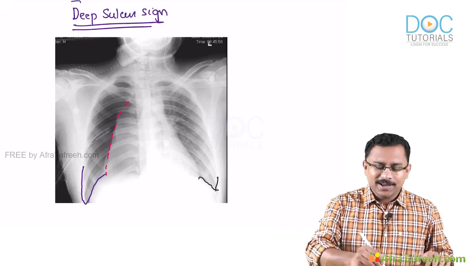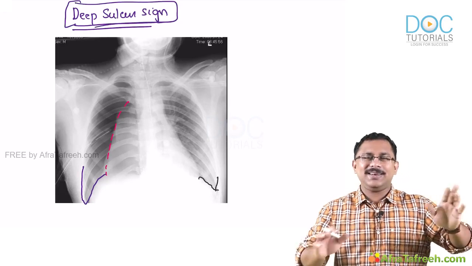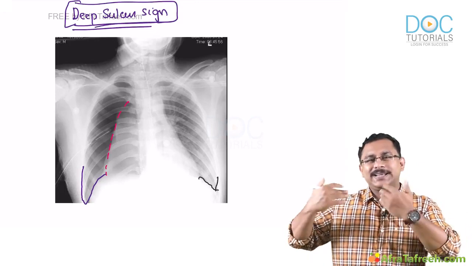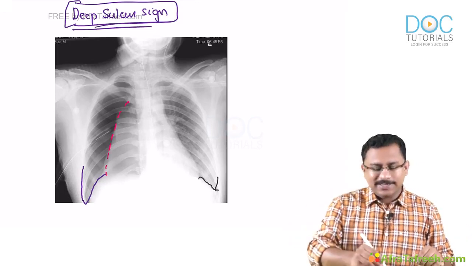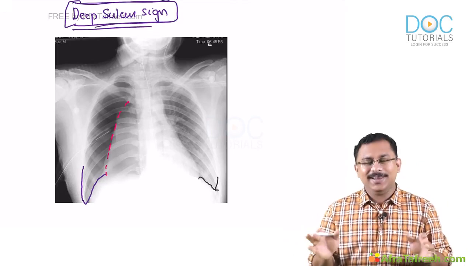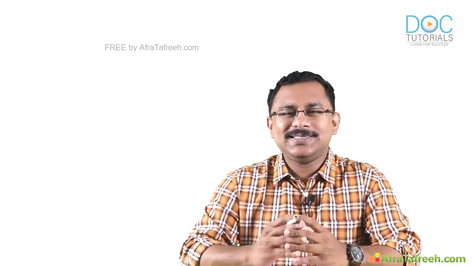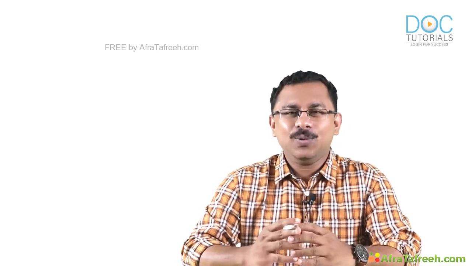In the erect position there is a higher chance of air ascending up, so it is in supine X-rays that you are likely to see this deep sulcus sign. Very clear. So we have understood how pneumothorax is classified and how it clinically presents. X-ray is going to help us. So what about the role of CT thorax?